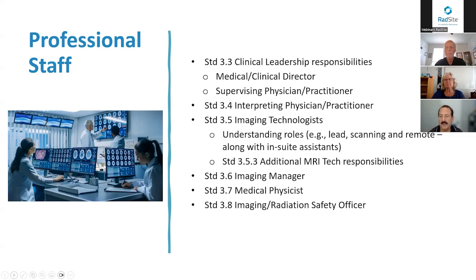And the standards committee is made up of a broad variety of different representatives, including radiologists, technologists, administrative folks, even industry folks.